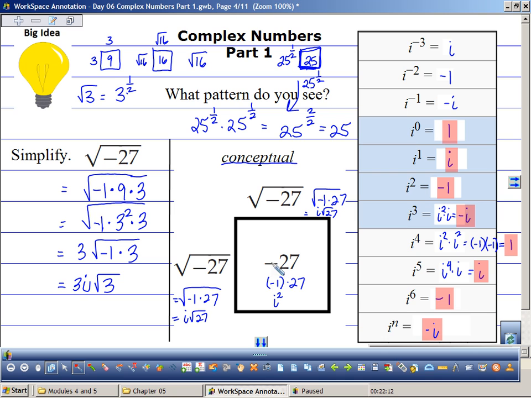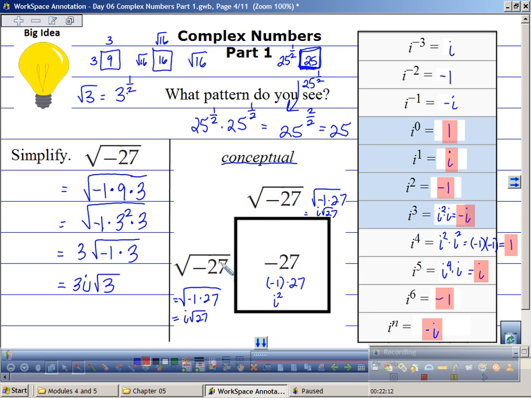You have to consider the fact that when you're multiplying them together, you can't ignore the negative, because that's what made it imaginary to begin with. If you multiply a negative times a negative and make a positive, all pretty, you just completely eliminated the fact that it's an imaginary number.